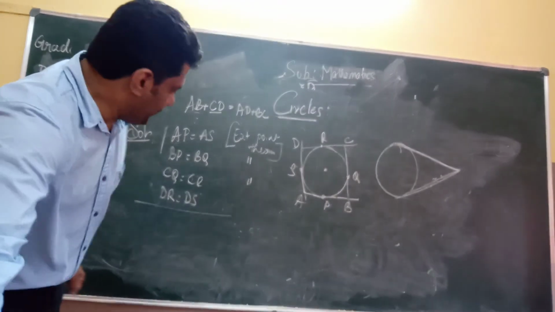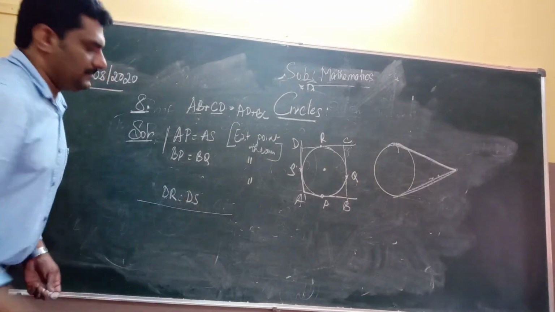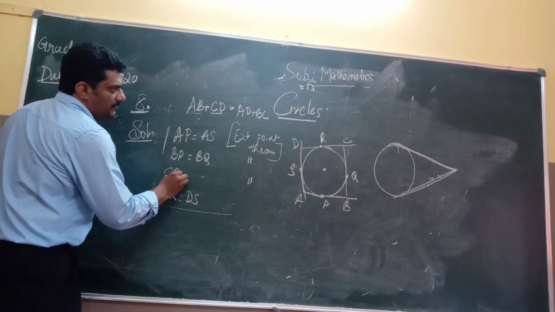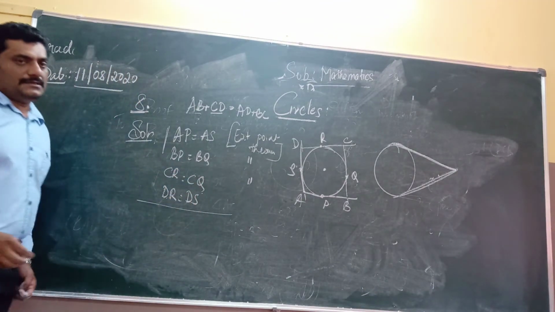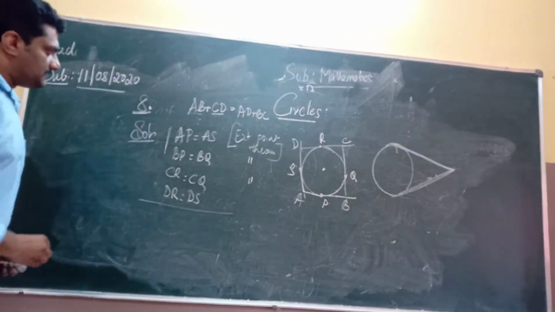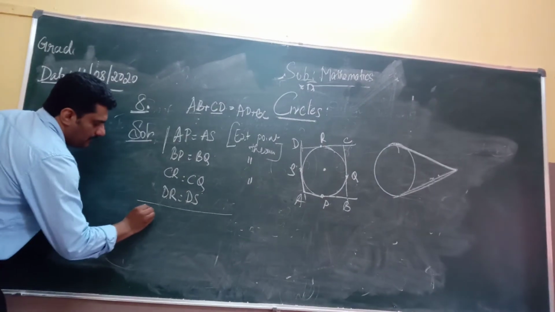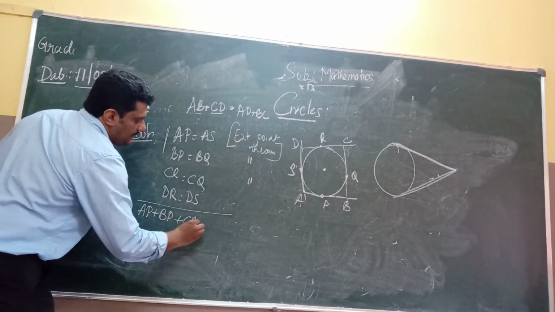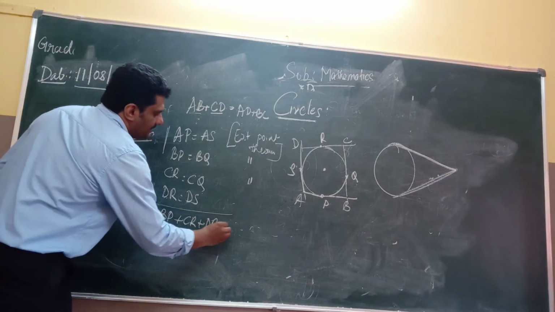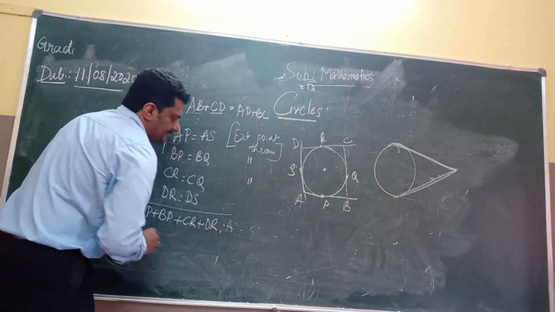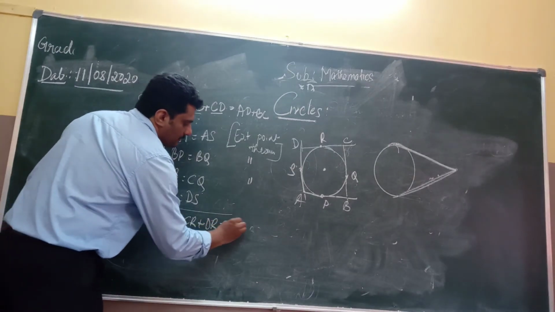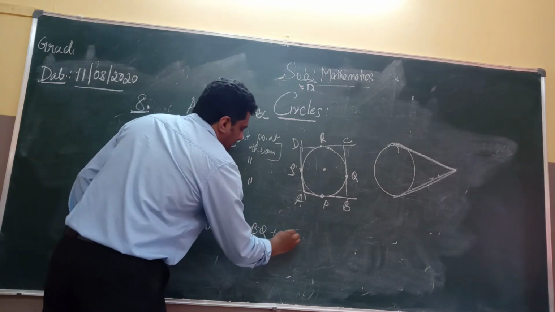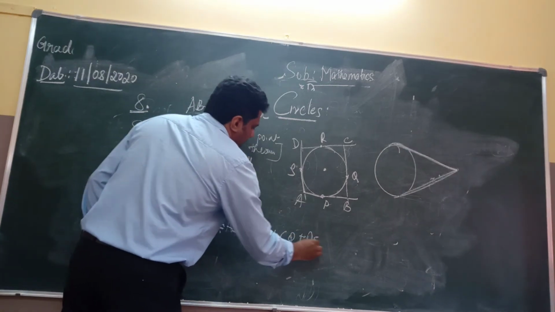CR, okay, interchange this one. Now add all these things. You get AP plus BP plus CR plus DR is equal to AS plus BQ plus CQ plus DS.